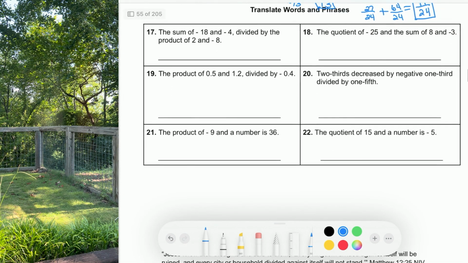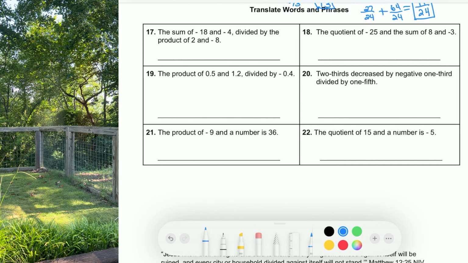Now let's look at translating words and phrases. So the sum of -18 and -4 divided by the product of 2 and -8. One thing that I notice is I have a comma here and then I have divided by. That comma indicates to me that what's before it is going to be in the top of that fraction, because remember, fractions are division.